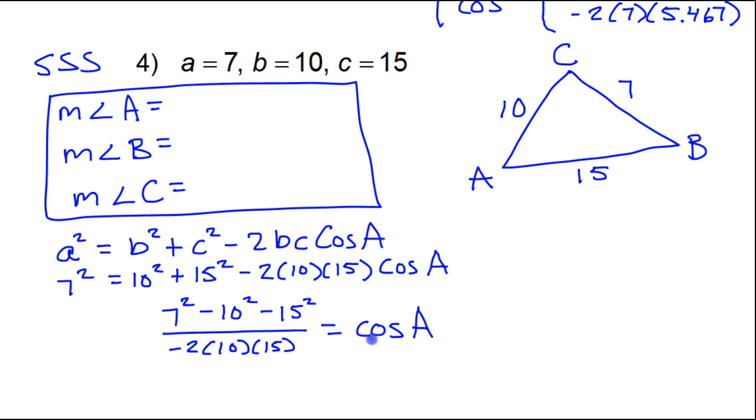But of course I don't want the cosine of A, I want actual angle A. So if I want that, I'm going to need to do the inverse cosine of this. So that's what I'm going to do.